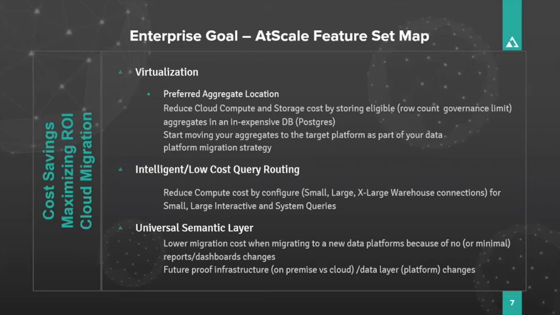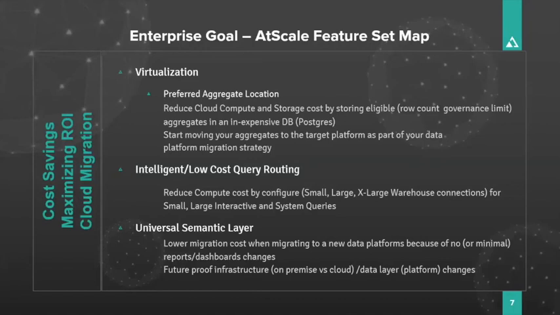Finally, the universal semantic layer is very helpful. Like I mentioned previously, there are some traditional challenges we deal with when we are migrating data platforms. If you go with the traditional technology stack, you may have X number of reports or dashboards built over a period of time. And if you're migrating your data platform, then obviously those reports are impacted.